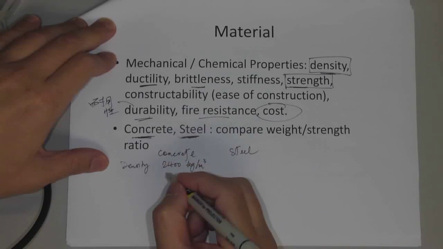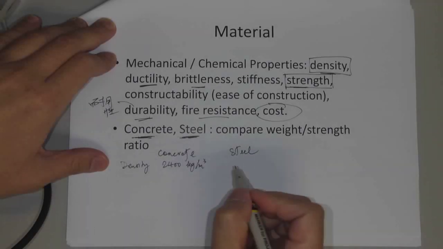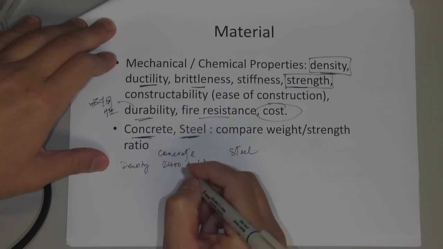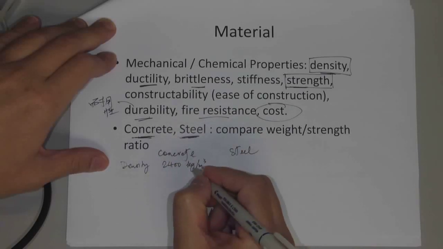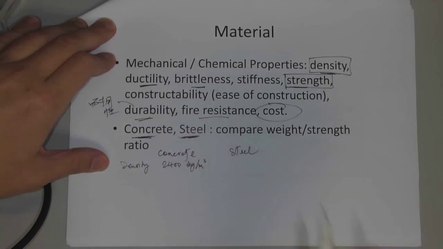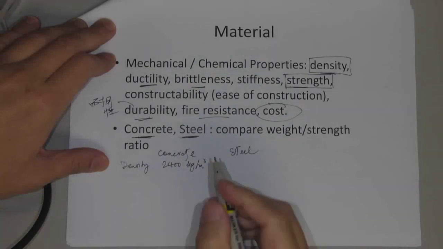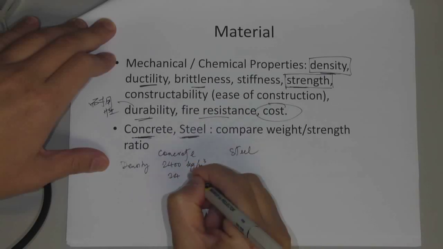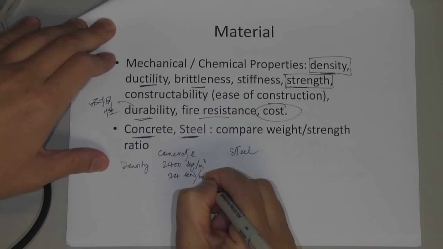The important thing is how heavy is 2,400 kilogram. So let's first change it to kilonewton. Instead of kilogram, you change it to kilonewton. That will give you some unit of loading. If you change it to kilonewton, that will give you 24 kilonewton per meter cube.